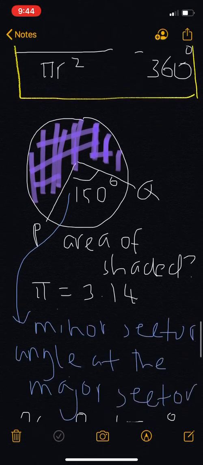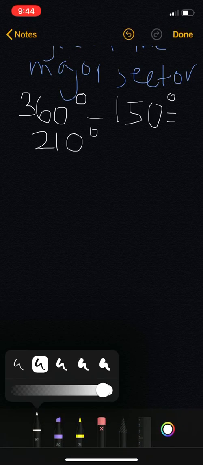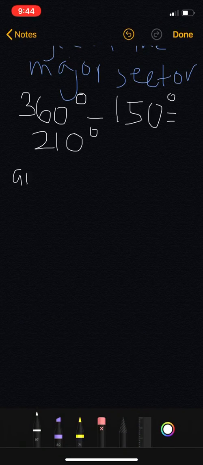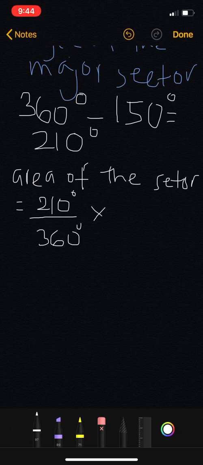Since we want the area of the major sector, the area of the sector, the major one, this will equal, based on our formula just now, the angle at the center 210 divided by 360 degrees, and then times pi r squared.